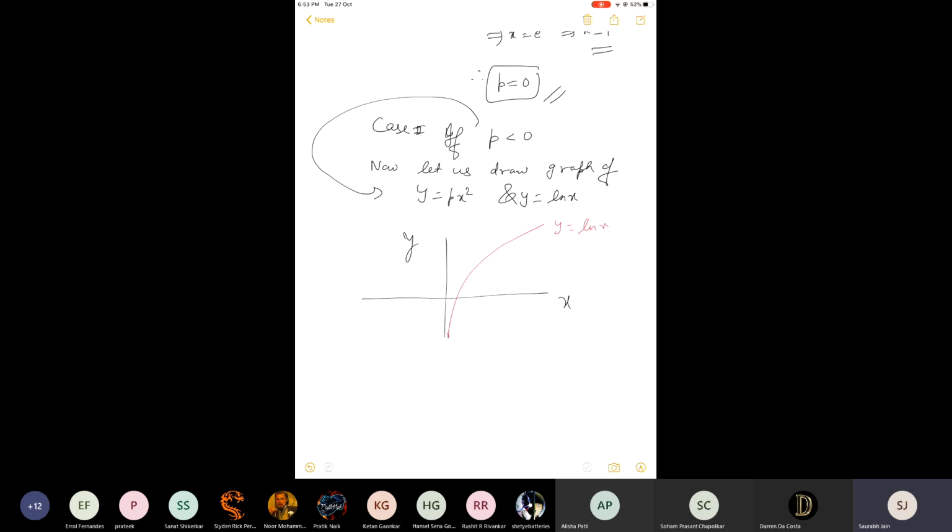This is a standard curve, you have already studied it. ln x I have drawn. Shape of this curve, y equals P x square, P is negative. You can put any negative integer in your mind in place of P, like minus 2. So y equals minus 2x square. What is the shape of this curve?